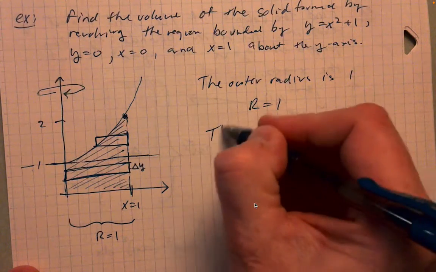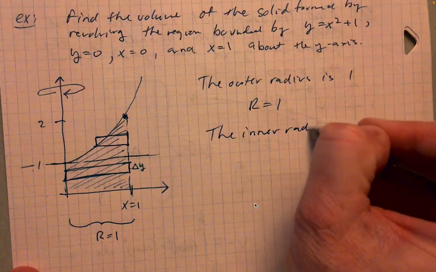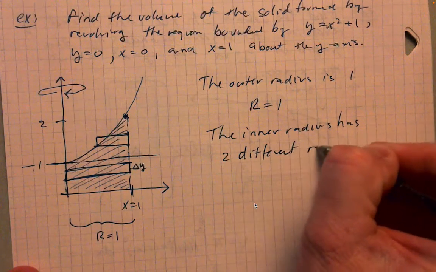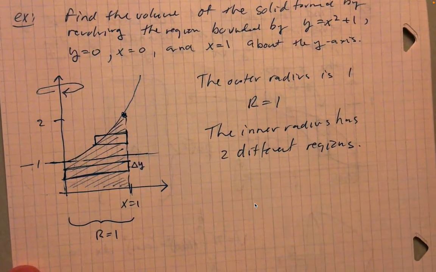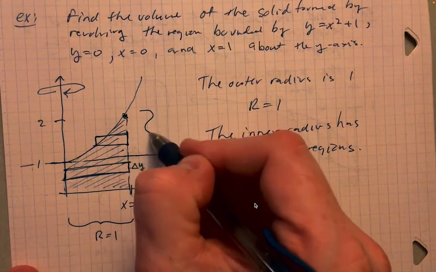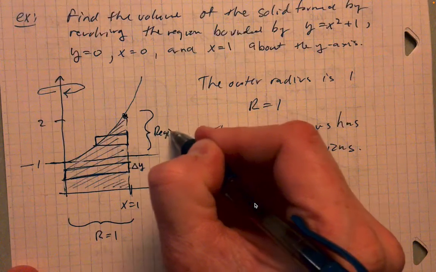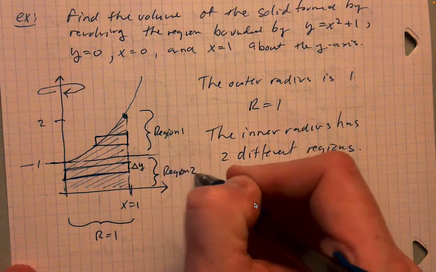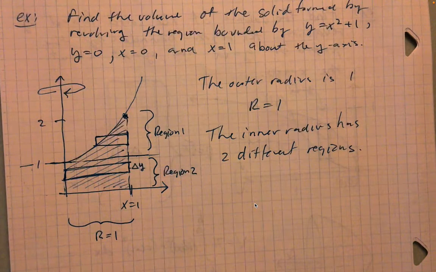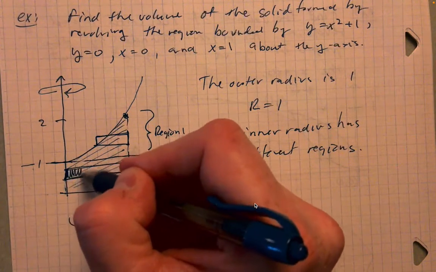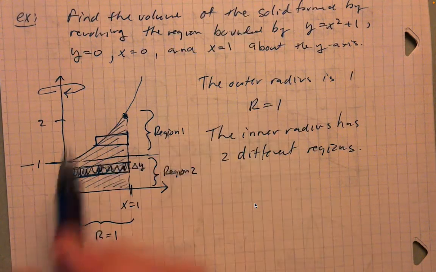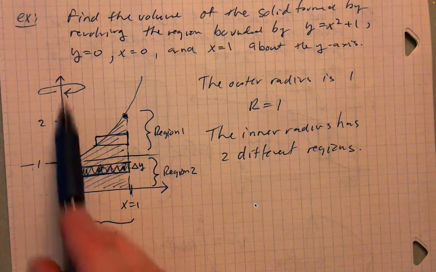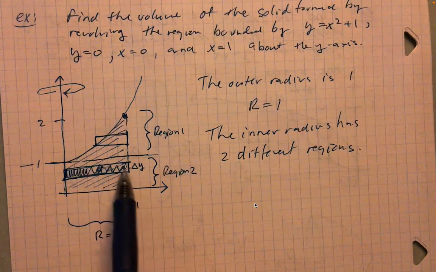So the inner radius has 2 different regions. We could think of this as our region 1, and this we'll think of as our region 2. The reason there are 2 regions, just to reiterate, is because the representative rectangle in the lower region butts up against the axis of rotation, so there r is equal to 0.